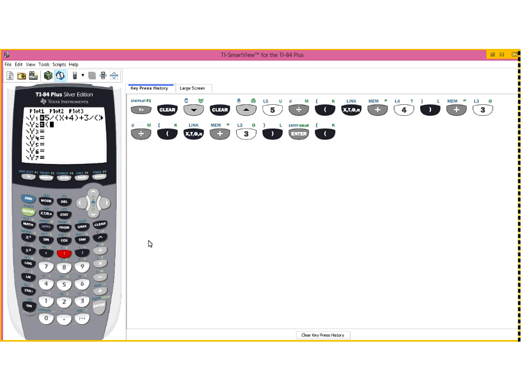Okay, now the top has multiple terms for the y2, so I have to put the numerator in parentheses as well as the denominator.